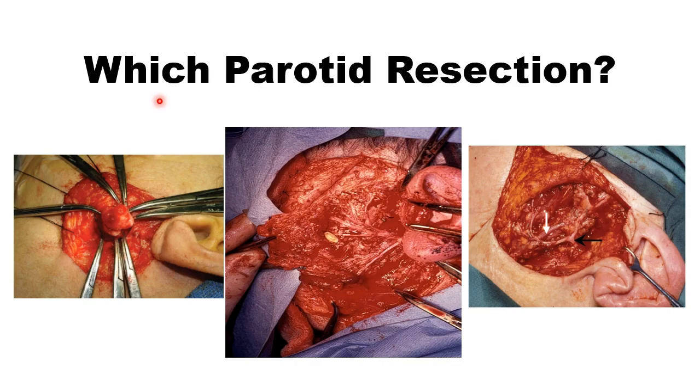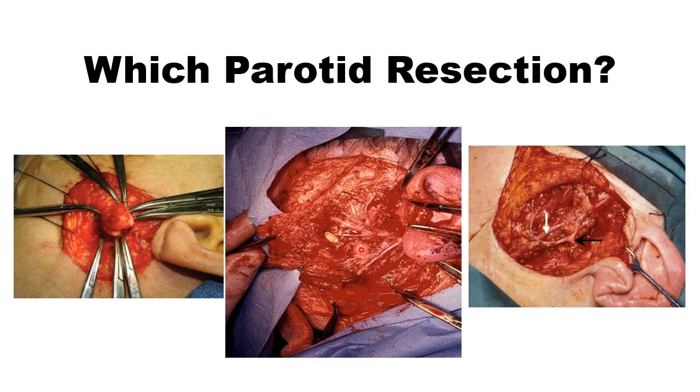In addition to simple enucleation, which ran out of favor, the other types of surgical resections for this type of benign tumor include the extracapsular tumor resection, in which the facial nerve trunk is identified together with its major divisions. The tumor itself is resected just outside its capsule with a tiny cuff of normal parotid tissue, leaving behind most of the parotid gland.